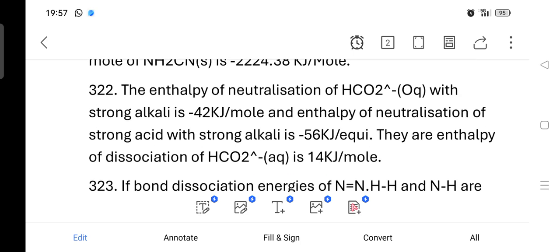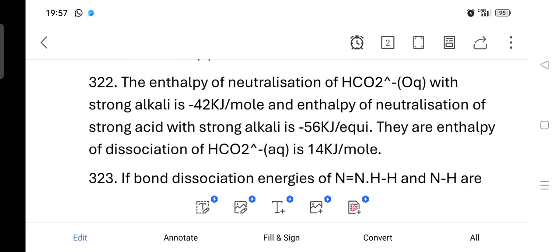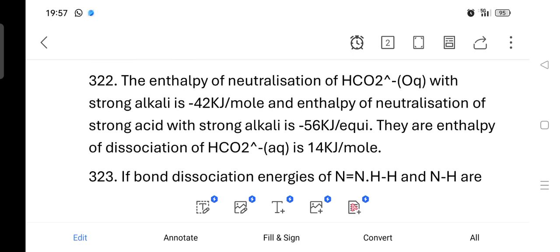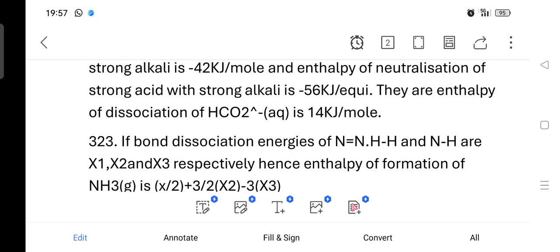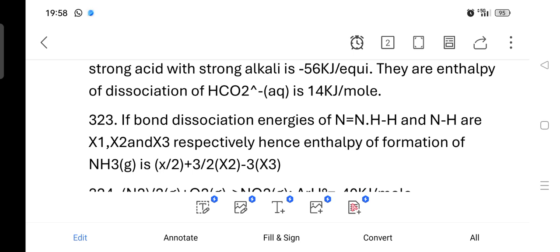The enthalpy of neutralization of HCO2H aqueous with a strong alkali is minus 42 kJ per mole, and the enthalpy of neutralization of a strong acid with a strong alkali is minus 56 kJ per mole. Then the enthalpy of dissociation of HCO2H aqueous is 14 kJ per mole.